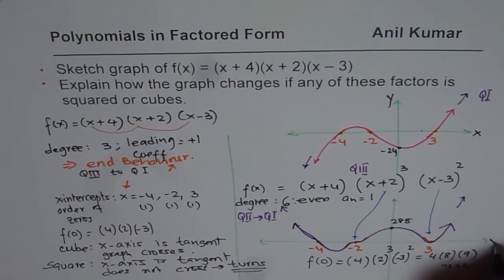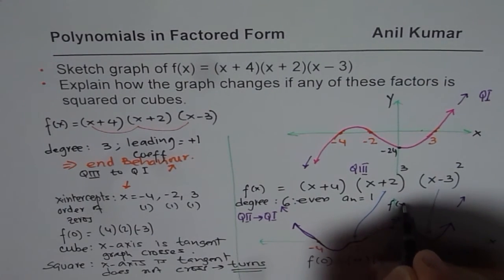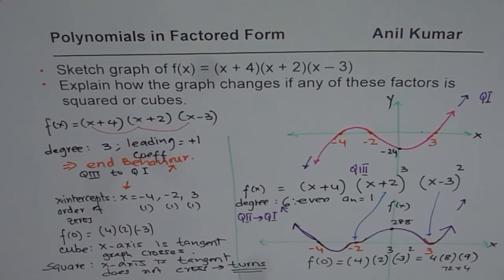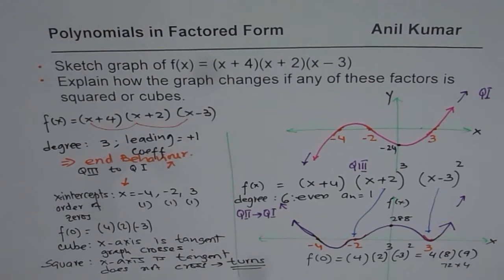This is the x-axis, and that is f(x) for us. I hope this video explains in all detail what really happens to the factored form of a polynomial when sketched as a graph, and when the factor's degree is changed. Thank you, and all the best.